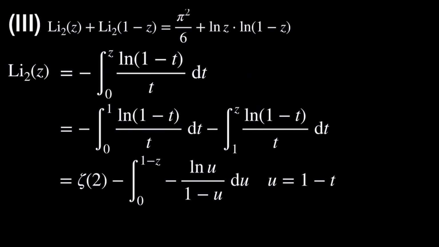And then for the second integral, we're going to perform a change of variable by setting u equals 1 minus t. So we're going to get negative integral from 0 to 1 minus z of negative log of u divided by 1 minus u du. We perform an integration by parts now.